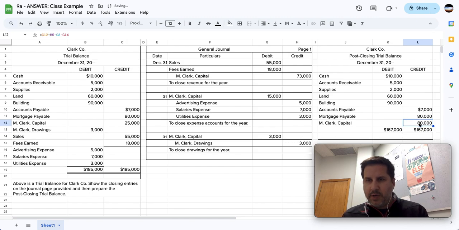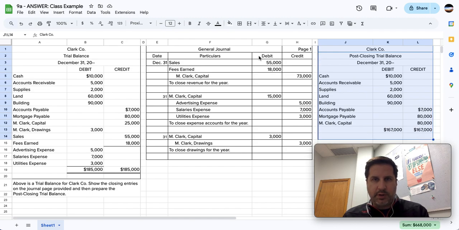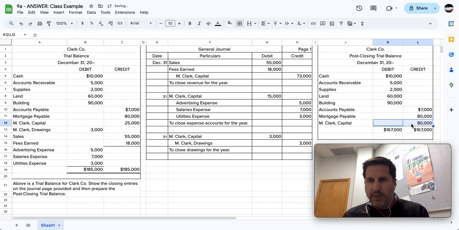And my new updated capital is $80,000. All right, so that's how you do it. Those are the three entries you're going to do for your closing entries. And what will happen is you will only be left with assets, liabilities, and capital, exactly where we started the course. And we put that in a post-closing trial balance, and that ends the accounting cycle for our business.